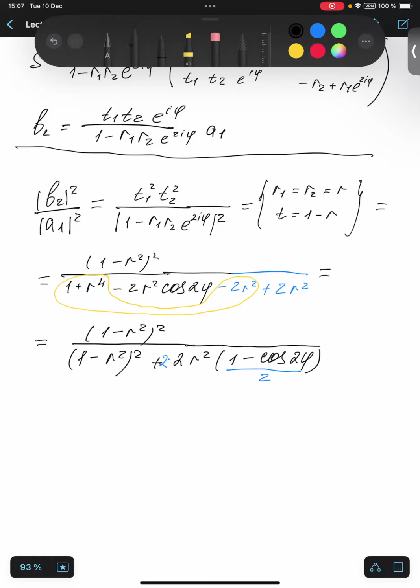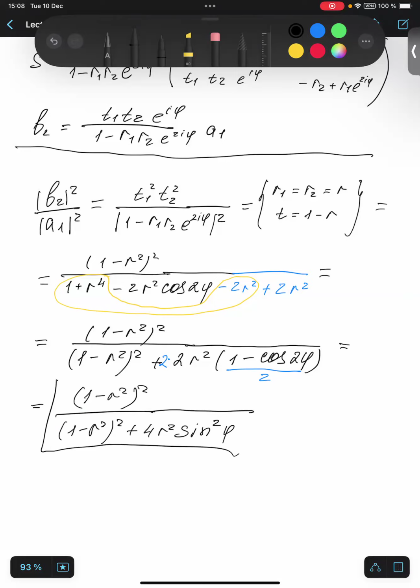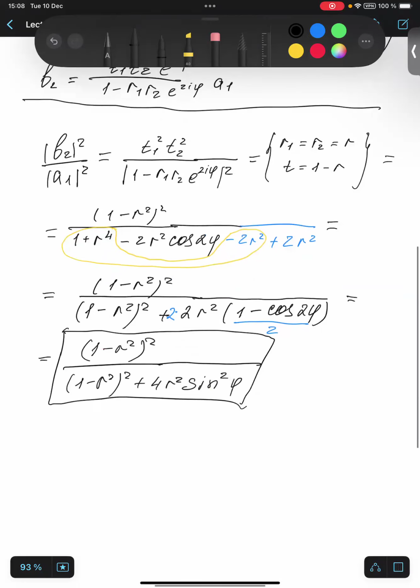And in the end, we obtain 1 minus r squared, 1 minus r squared plus 4r squared sine squared phi. Yes, this is the expression for our transmitted power.